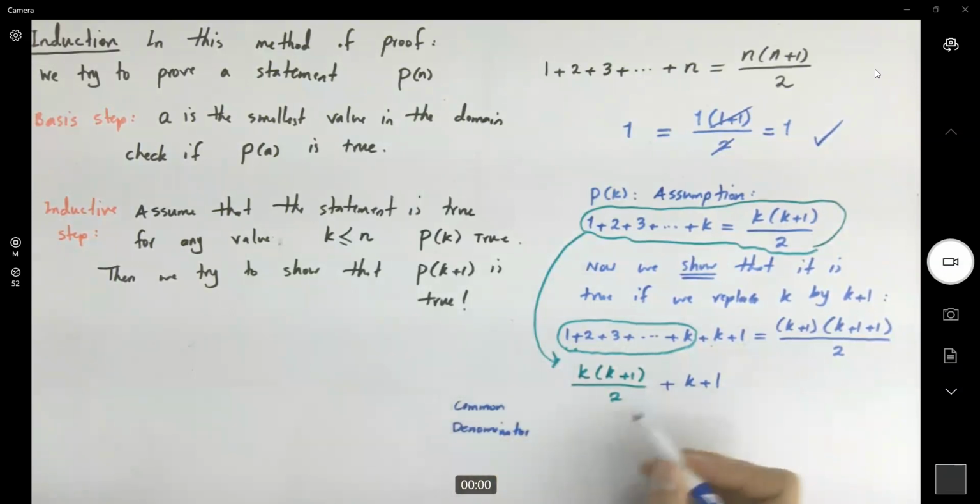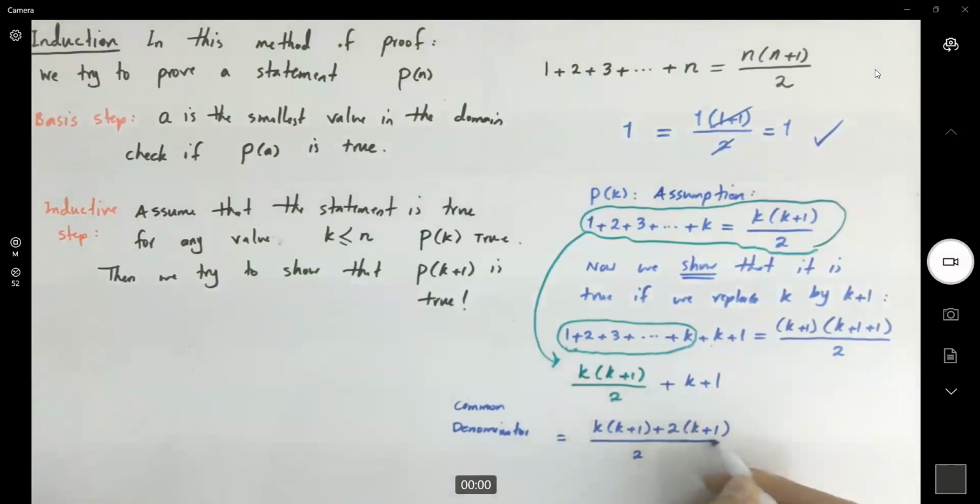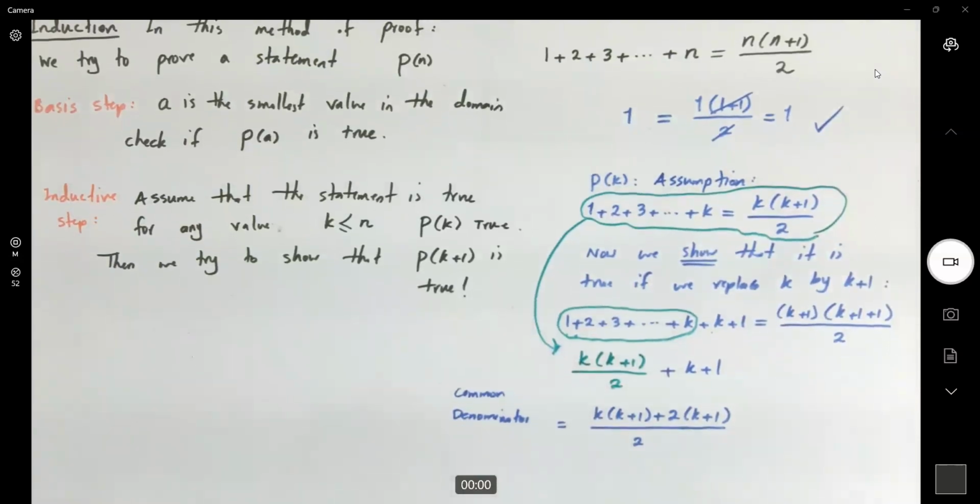If I take the common denominator, it's going to be 2, am I right? This is equal to k times k plus 1 plus 2 times k plus 1, just pure algebra. Now, if you factor out k plus 1 on the numerator, you end up with k plus 1, parentheses, if you take out k plus 1, you're left with k plus 2, divided by 2.